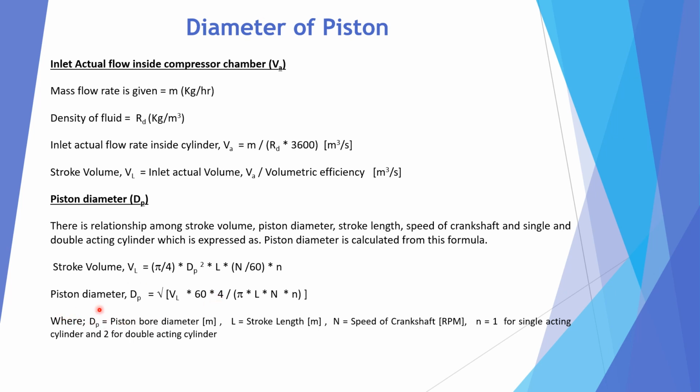So through this we can calculate piston diameter dP is equal to square root of VL into 60 into 4 divided by bracket start pi into L into capital N into small n bracket close. Where dP is the piston bore diameter in meter, L is the stroke length in meter, N is the speed of the crankshaft in RPM, small n is equal to 1 for single acting and 2 for double acting. So using this equation we can find out the piston diameter.